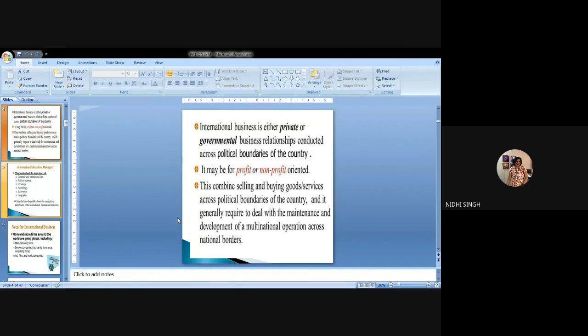These combine the selling and buying of goods and services across political boundaries of the country, and it generally requires dealing with the maintenance and development of multinational operations across national boundaries. So in international business, we do export, import, and these kinds of ventures. We deal with a complex market structure in international business.